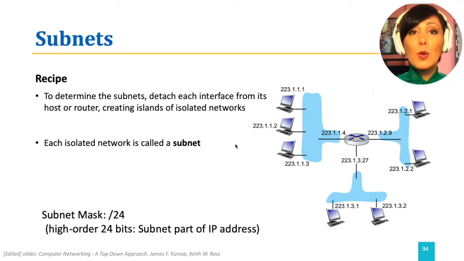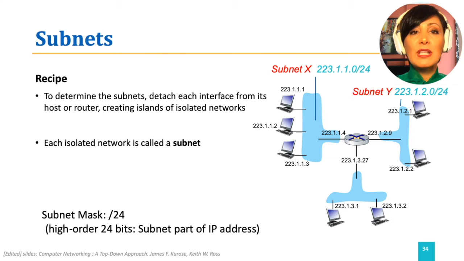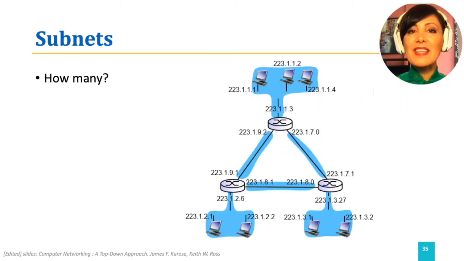So, 223.1.1.0/24 is identifying subnet X. 223.1.2.0/24 is identifying subnet Y, and 223.1.3.0/24 is identifying subnet Z. How about this network? Can you identify the number of subnets in this figure?